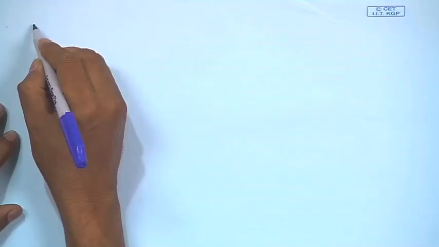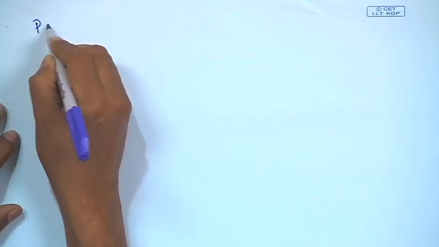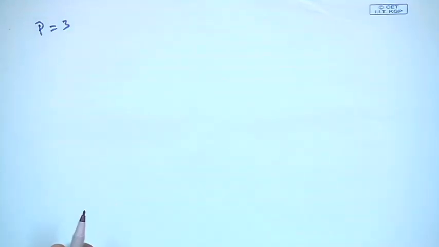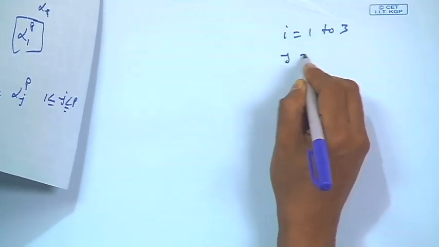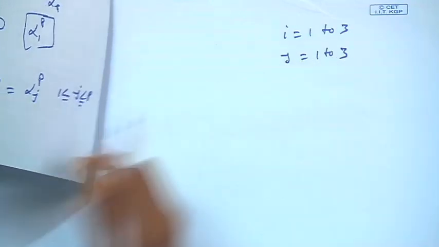Let us take a simple example. I want to find the predictor with order p equal to 3. So, I varies from 1 to 3 and j varies from 1 to 3.